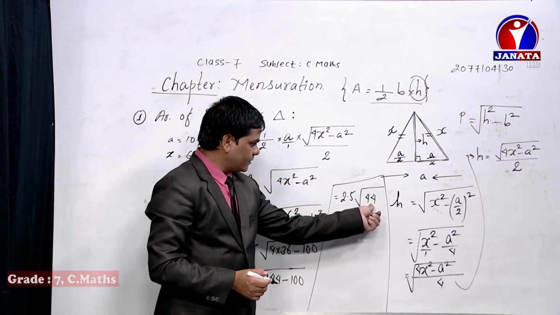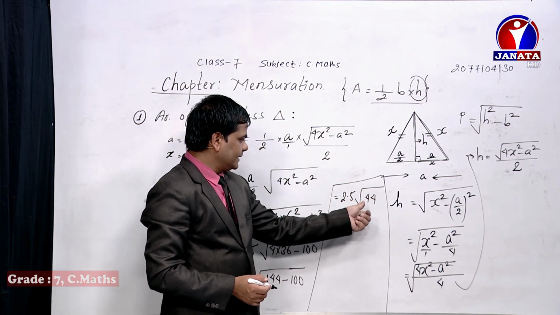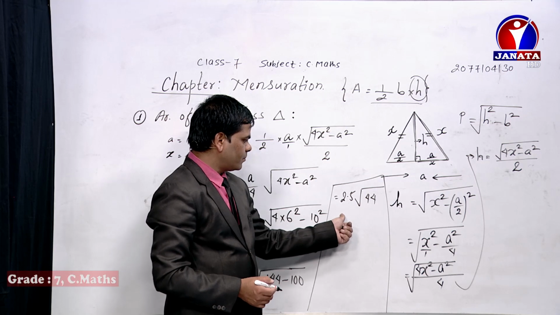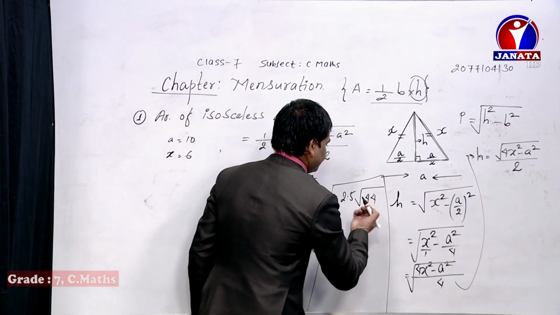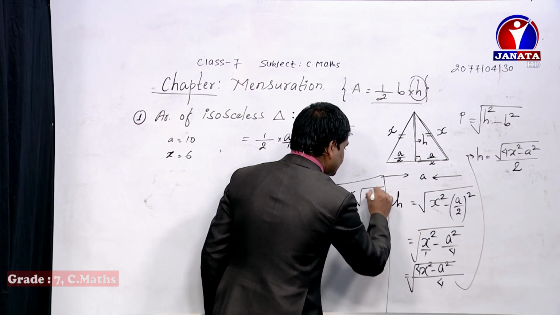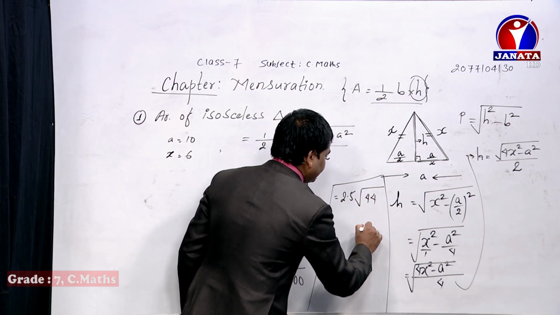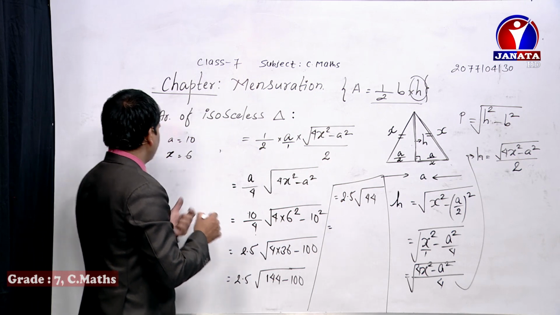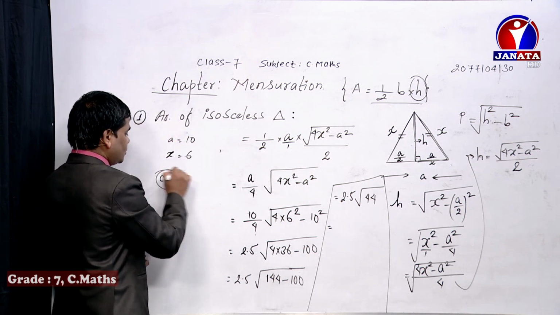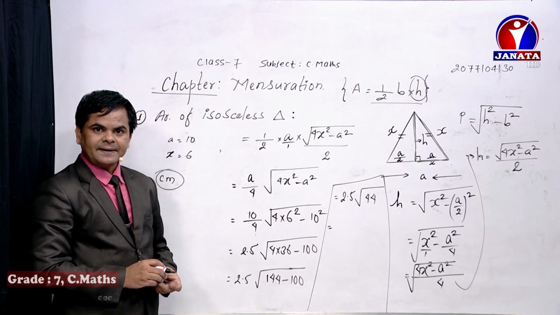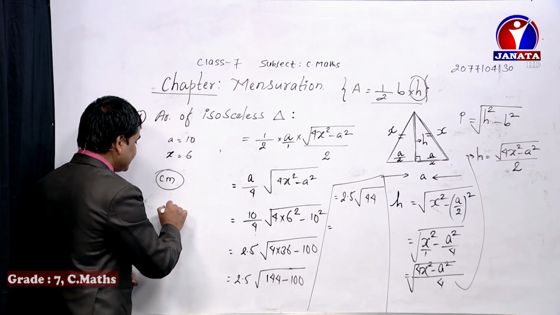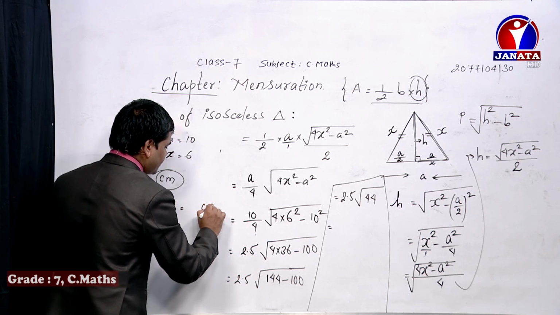Now by using a calculator you can calculate this one, and then multiply by this 2.5, whatever the answer comes, we need to write that, or you can write it directly in the form of root under. And the unit in this question, what was used? Centimeter. So if centimeter is the unit of the length of the side, the area's unit becomes centimeter square.